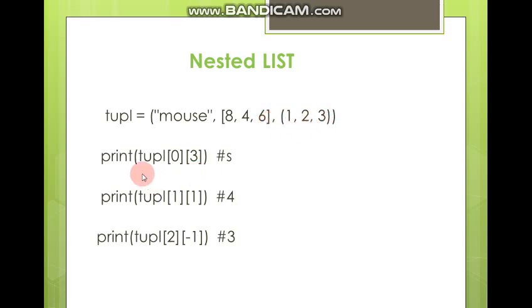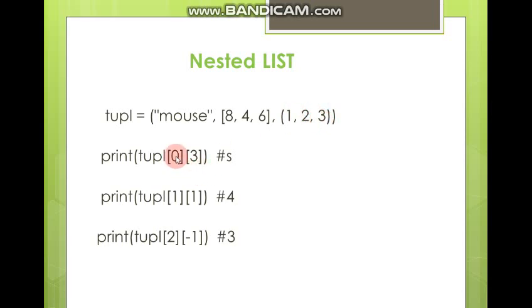Right, if I say print tupl[0][3], now this is for index number 0. This complete string mouse will be stored at index number 0, this whole list is stored at index number 1, and this whole tuple is stored at index number 3.